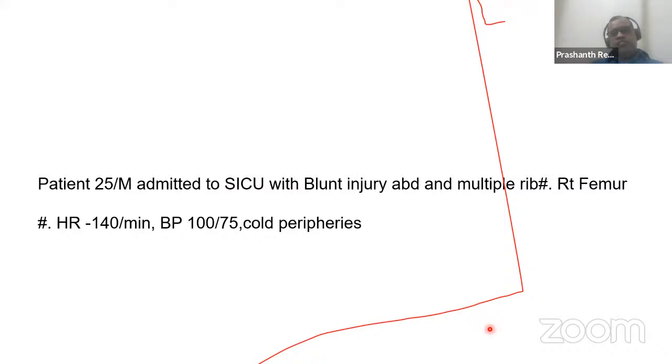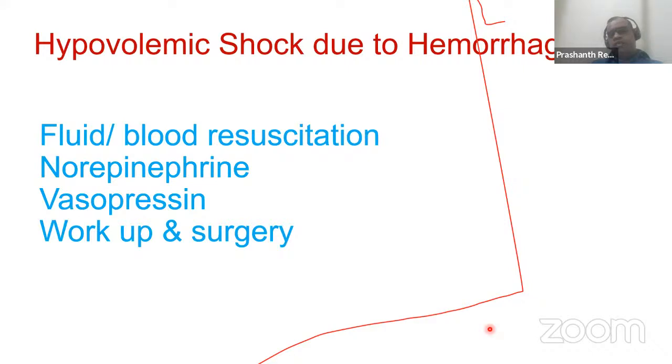A 25-year-old male is admitted to the surgical ICU with blunt injury abdomen and multiple rib fractures. His heart rate is 140, BP is 100/70, with cold peripheries. This is a typical hypovolemic shock due to hemorrhage. All the injuries are closed injuries, so most of the time there is no ongoing bleed beyond what happened during the accident.